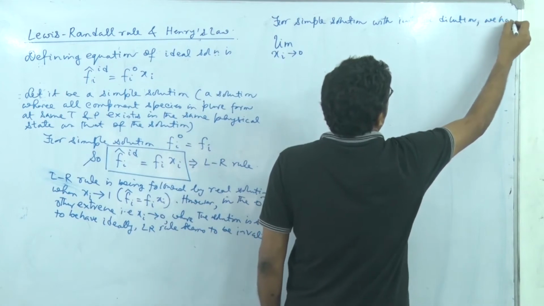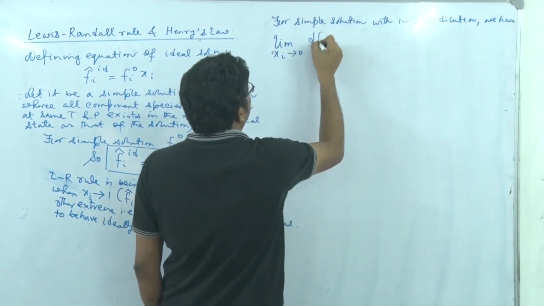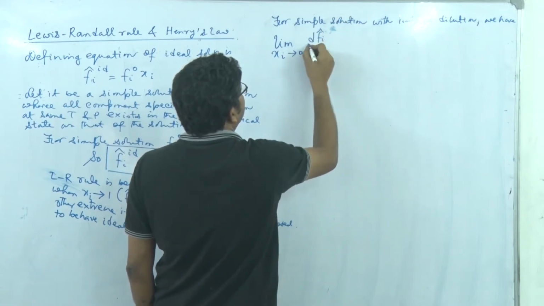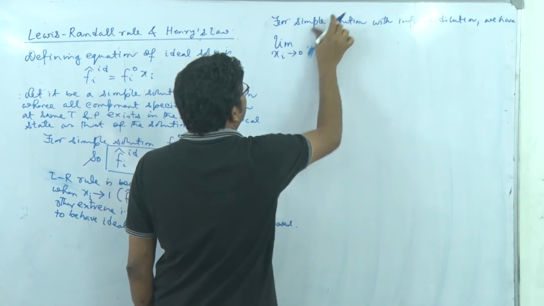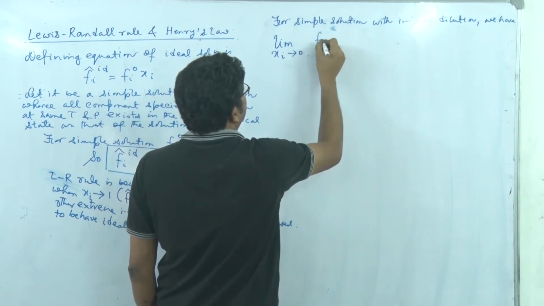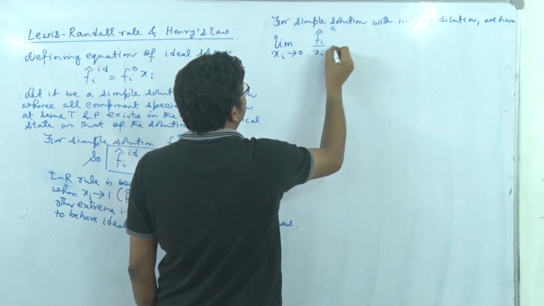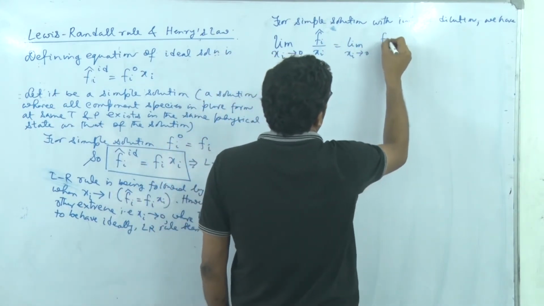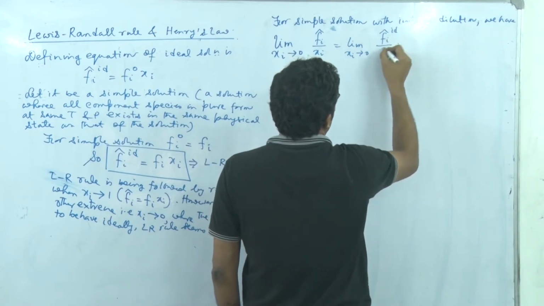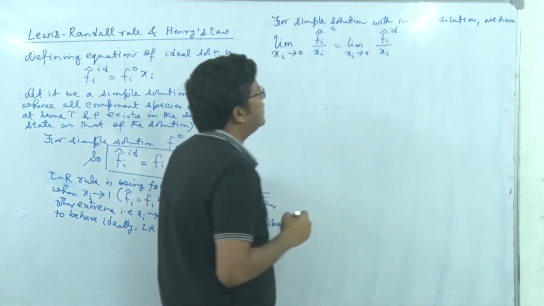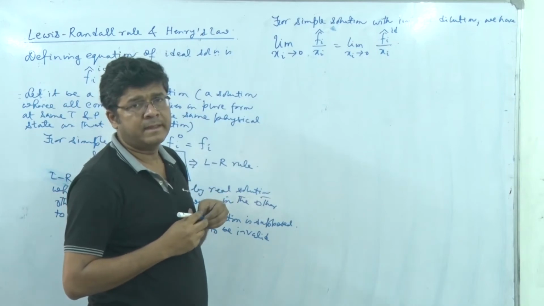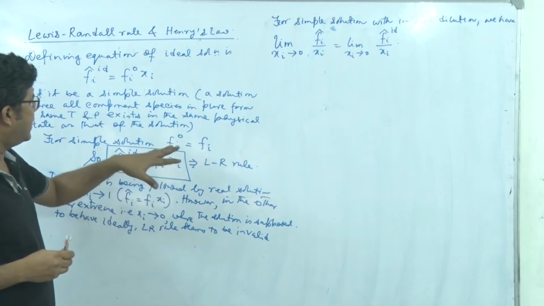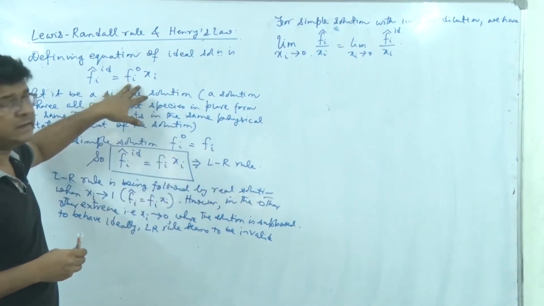We have this xi tending to 0, Fi cap by xi, and actually in this limit the solution is ideal, so you can write that this is Fi cap id by xi. Now you see this is a 0 by 0 form because though this LR rule is invalid, however this is valid.